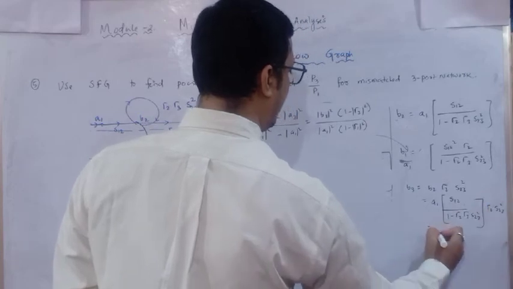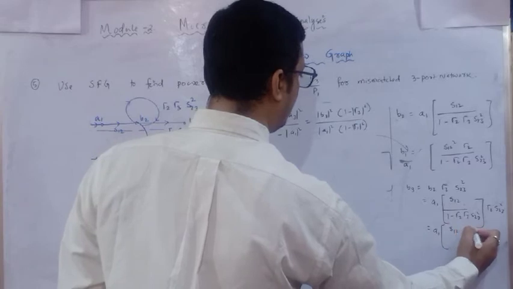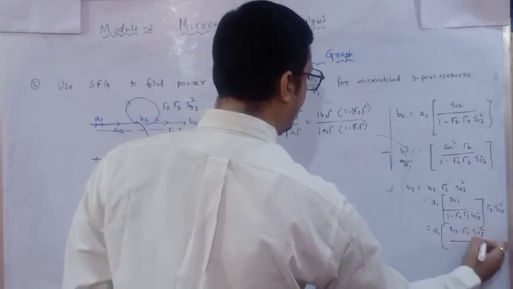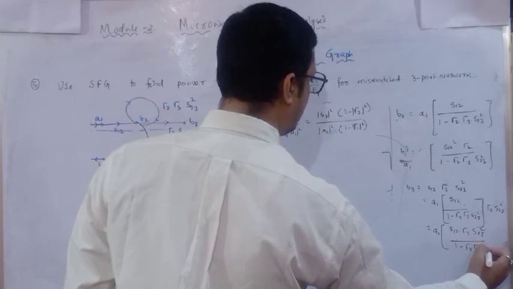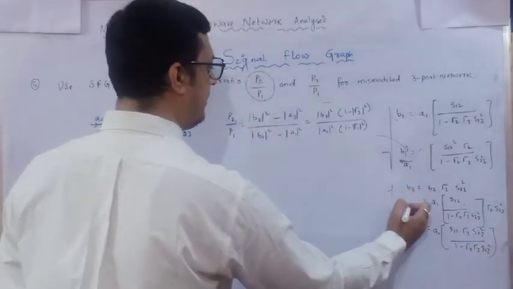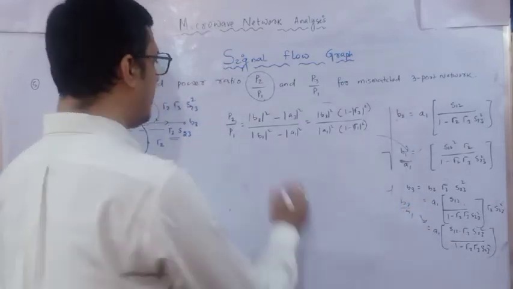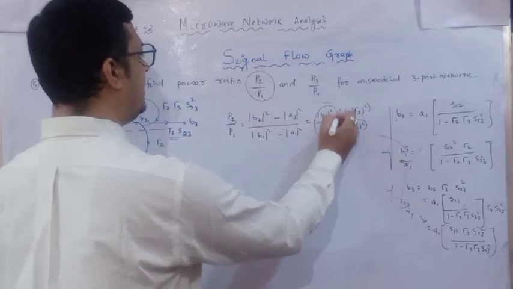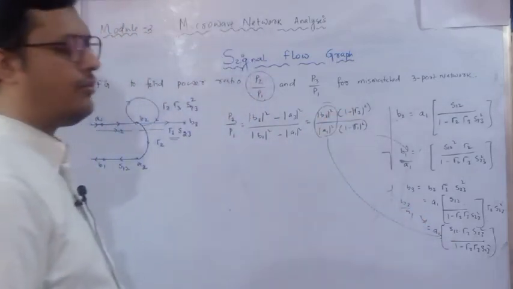So we will get A1 whole into S12 eta 2 S23 square divided by 1 minus eta 2 eta 3 S23 square. So now it becomes B3 by A1, right? Yes. So in place of B3 by A1, I will substitute this value and square it.